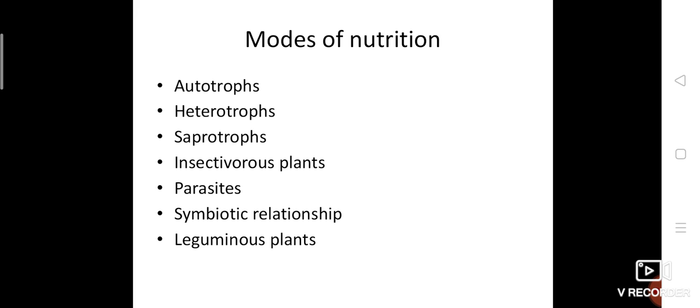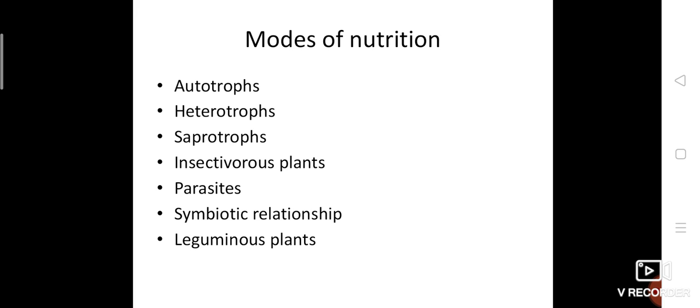Parasites, parasites means what? Sorry, parasites means an organism which lives on another organism for their food. For example, A is a host, B is a parasite which lives on A to get the food.